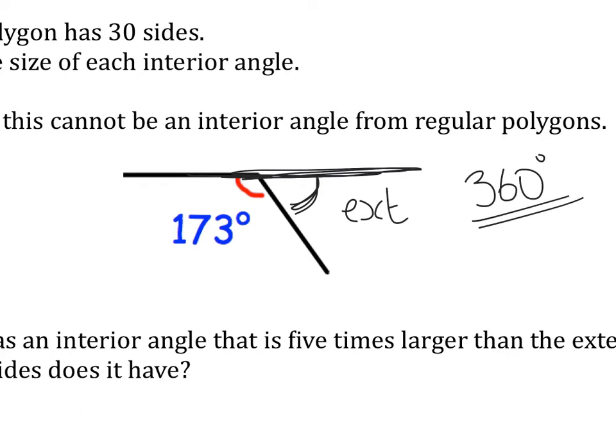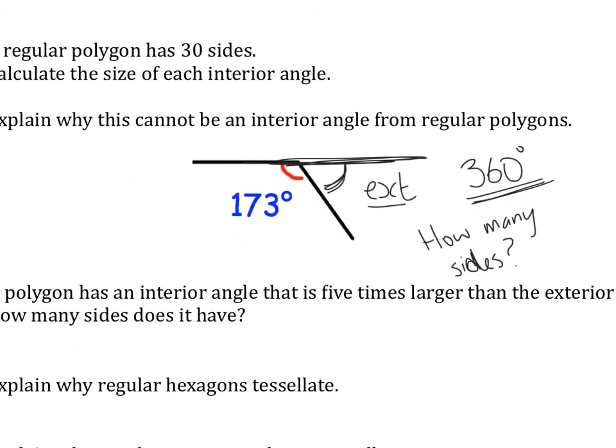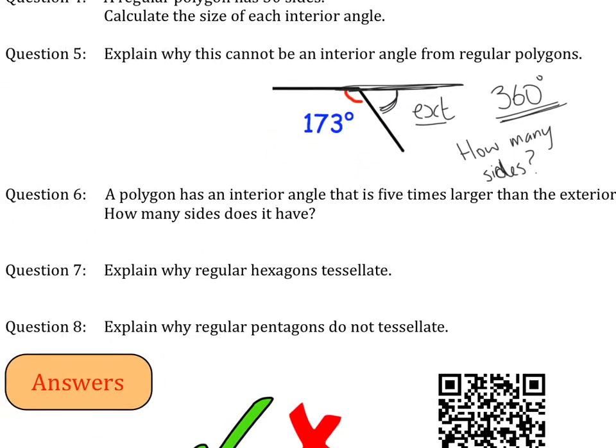And all I want you to do is tell me, if this is the exterior angle and they add up to 360, how many sides are there on the shape? Okay, so how many sides are there in that shape? And that should give you a clue as to why it's not an interior angle of a regular polygon.